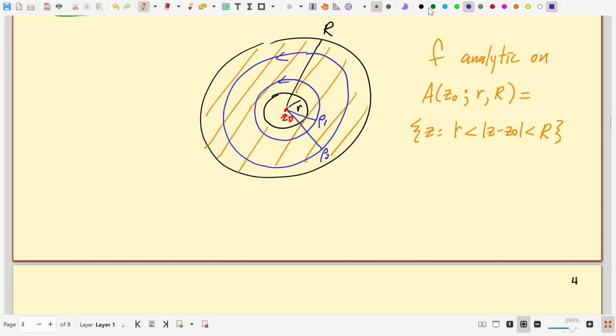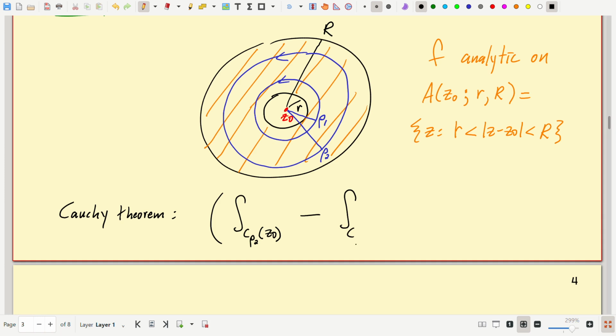Anyway, the Cauchy theorem says that the integral along the outer one, that's rho 2, about z naught, minus the counterclockwise integral around the inner one, of f dz, is equal to 0.